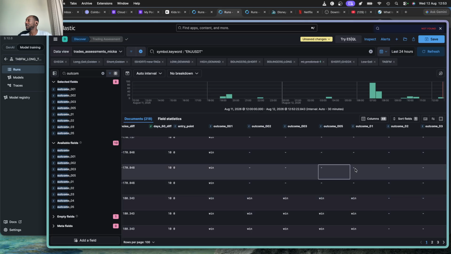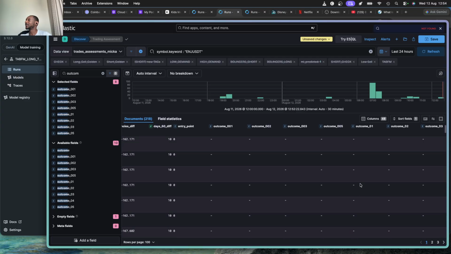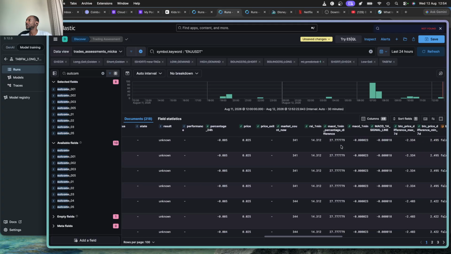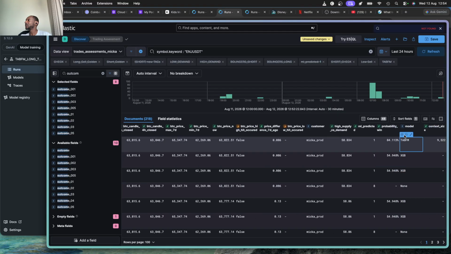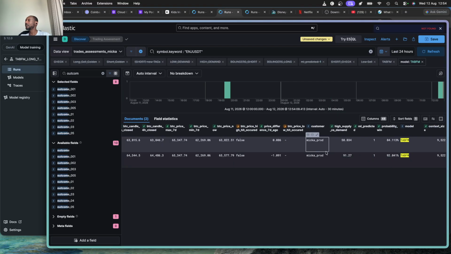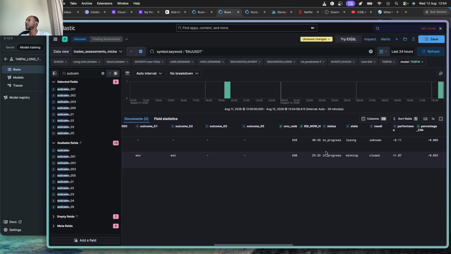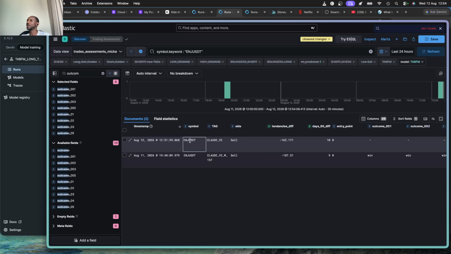The outcome that we're interested in is this outcome here, 0 or 1, and that's what we want to track. Let's see what that's doing. Let's see the state. Okay, its state is currently losing, it's not winning yet.